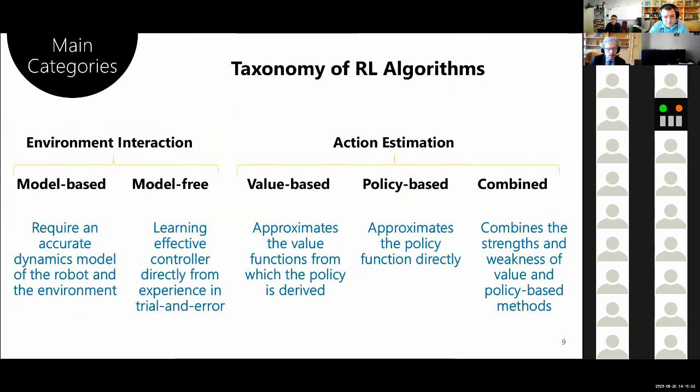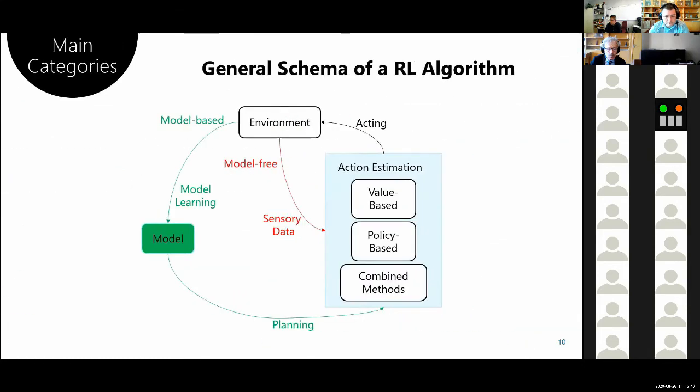Concerning the taxonomy of the RL algorithms, basing on the environment interaction, they can be divided in model-based and model-free. Basing on the action estimation, they can be divided in value-based, policy-based, and combined methods. So, in this general schema of the RL algorithms, if we follow the red and then the black track, we have the model-free option, where the agent is interacting with the environment and is learning the controller directly from experience.